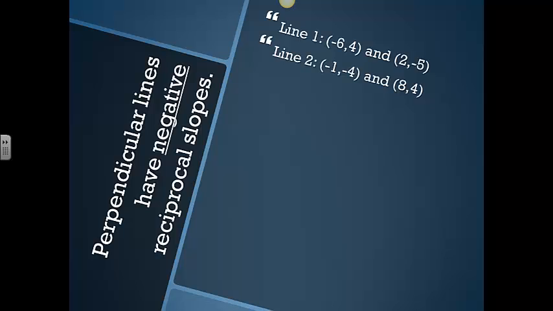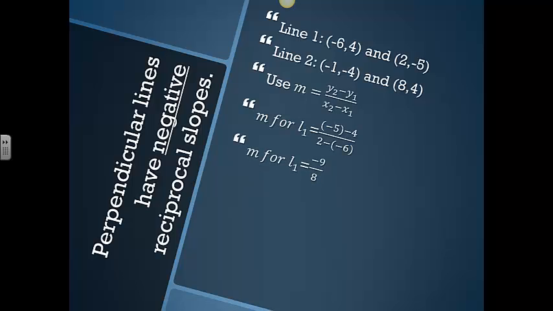So again, I'm going to use the formula y2 minus y1 over x2 minus x1 to determine my slope. And let's calculate the slope of line 1 first. So when I calculate the slope of line 1, I have negative 5 minus 4 over 2 minus a negative 6. And that comes out to negative 9 over 8.